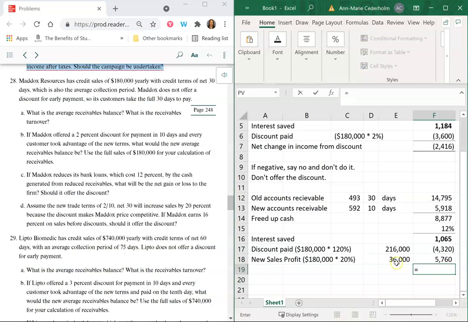Now if I add these together, the interest saved by having the freed up cash, minus the discount that we have to pay for offering a 2% discount, plus the interest that we can earn with the extra money from our sales increasing, that gives me 2,505. So what I did is I took 1,065 minus 4,320 plus 5,760 to get 2,505.